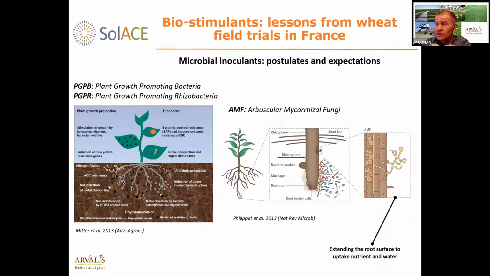First of all, we studied some plant growth promoting bacteria or rhizobacteria. This is the figure on the right of the slide. This type of microorganism could have a lot of interest to promote plant growth, of course, but we could also have some side impact on pathogens as a biocontrol effect.